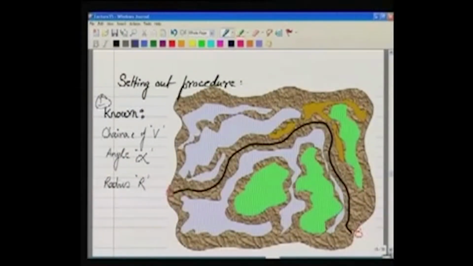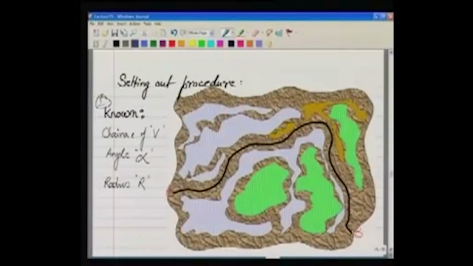Now, let us do the final thing, the setting out. What I have done here is drawn a ground on my computer, on my video screen. If you look at the screen, there is a road, and this road starts from a point A and goes to a point B. You can see point A and point B, and in between this black line is the road.